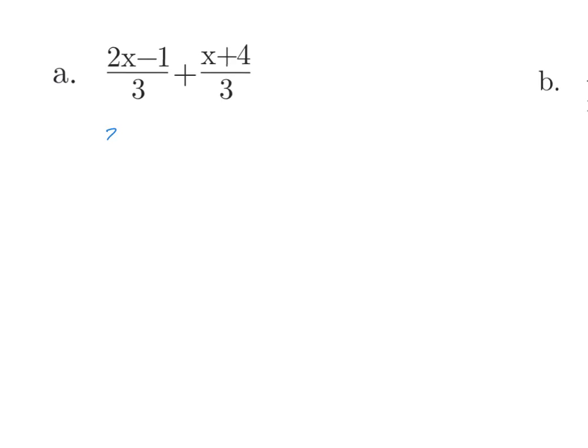If we do that, we get 2x minus 1 plus x plus 4 over 3. From here, we want to simplify the tops, so we're going to combine our like terms. What can be combined? We can combine 2x and x. This gives me 3x.